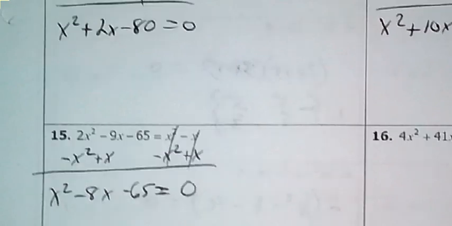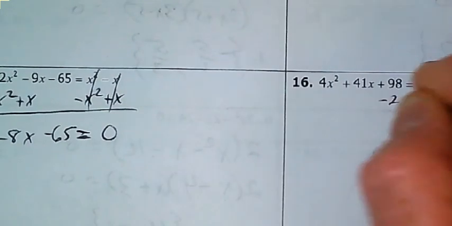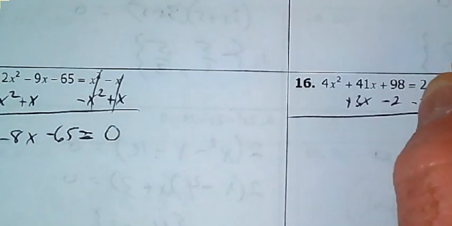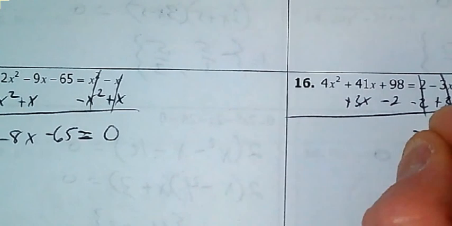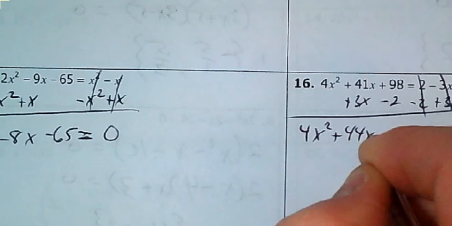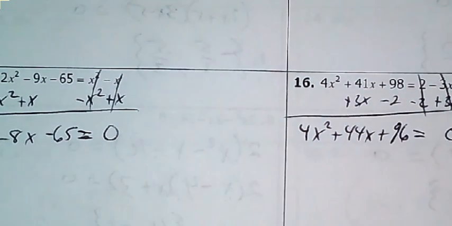Okay, number 16. Minus 2, plus 3x, plus 3x. 0 on the right, 4x squared plus 44x plus 96 equals 0.